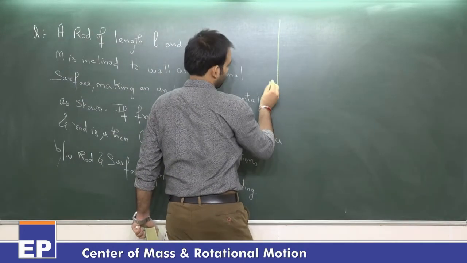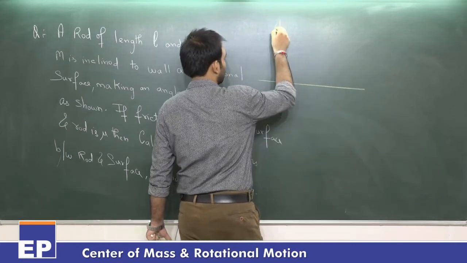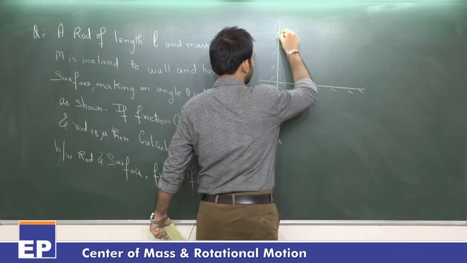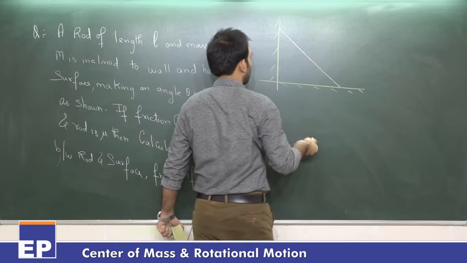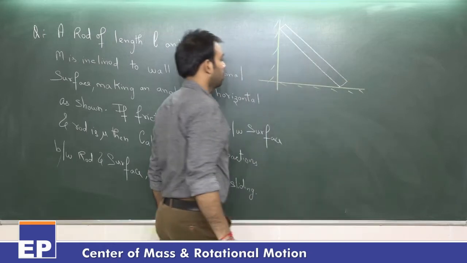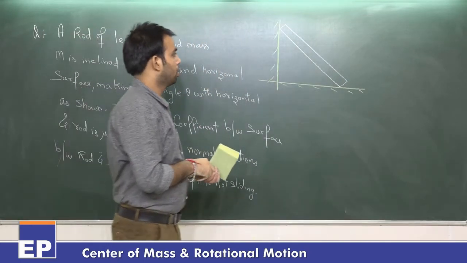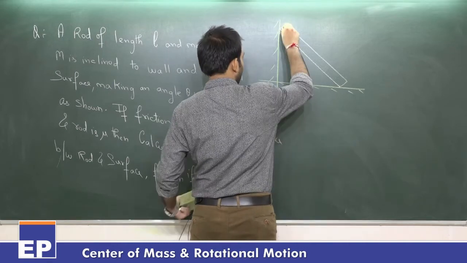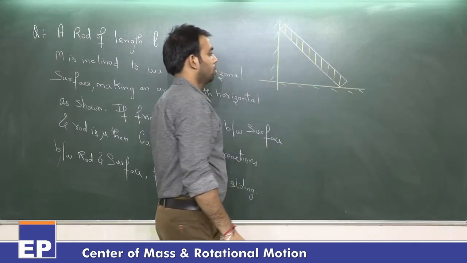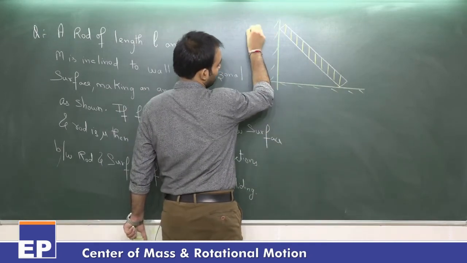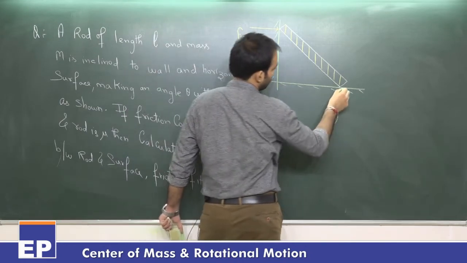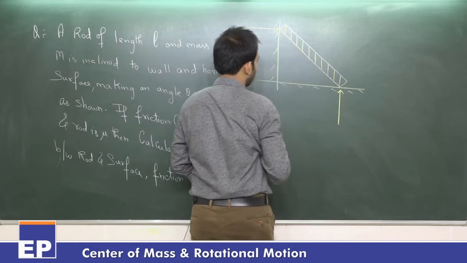This is the thing. This is the rod, right? Having the length L and mass M. There is a normal reaction provided at this point. This is Fn1. There is a normal reaction provided at this point, Fn2.